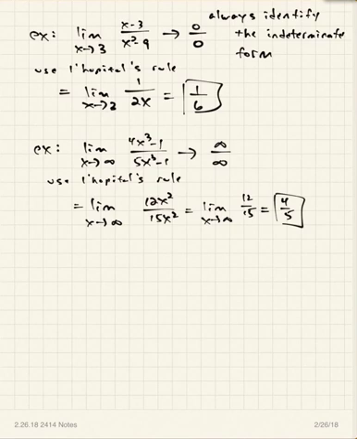And remember, what we're saying is, if this last limit exists, which it does, and is equal to 4/5, then the original limit must also be equal to 4/5. That's what we're saying here. Same thing in the previous problem: that last limit was equal to 1/6, and since it existed, that means the original limit had to be equal to 1/6 also.